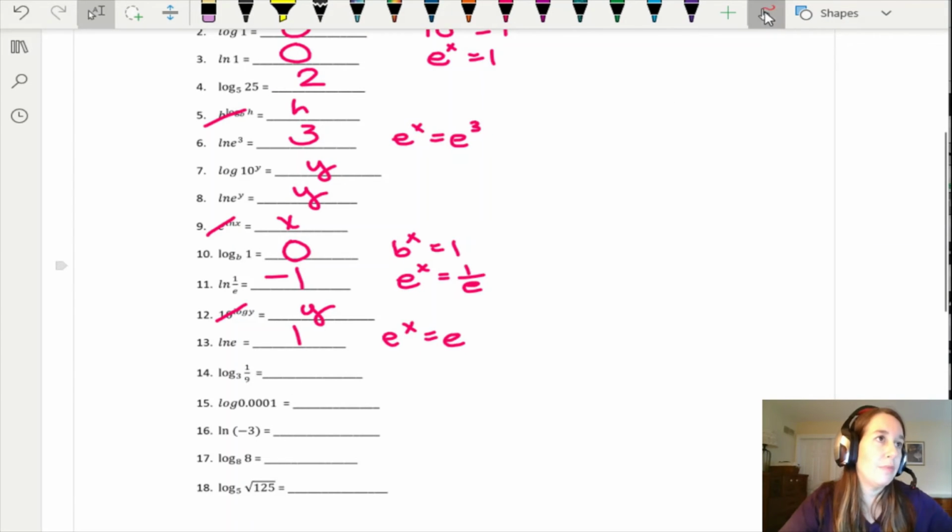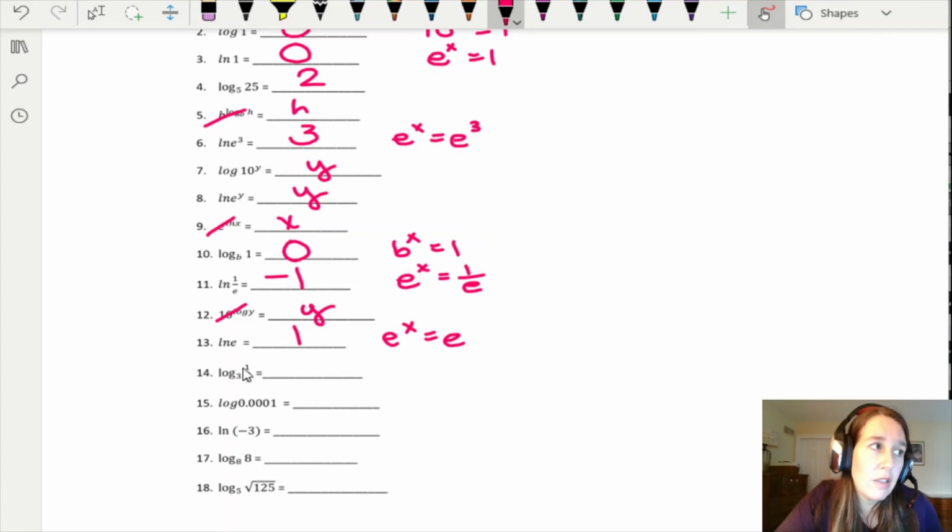All right, so what exponent goes on 3 to get 1/9? Okay, how do you get 1/9 from 3? You'd have to square it, and it would have to be negative to flip it to the bottom. What exponent goes on 10 to make 0.0001?